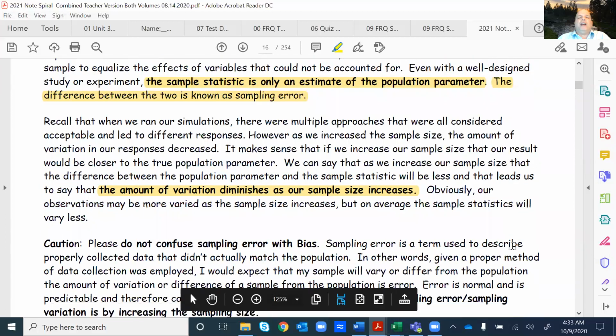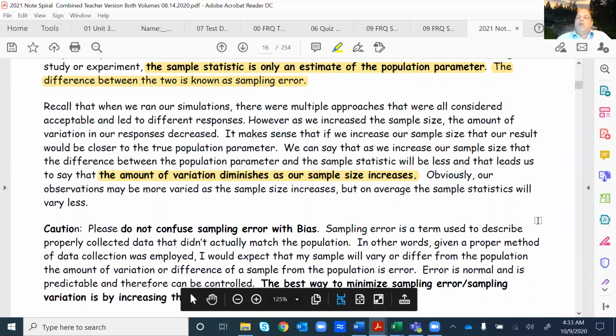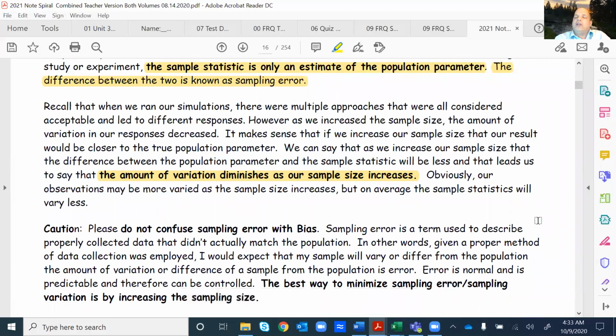And what happens if I had all but one? I had 3,399 draw. Well, the fact of the matter is, it would still be an estimate. We'd feel pretty good about it for sure, because sampling error is diminished when we increase the sample size.